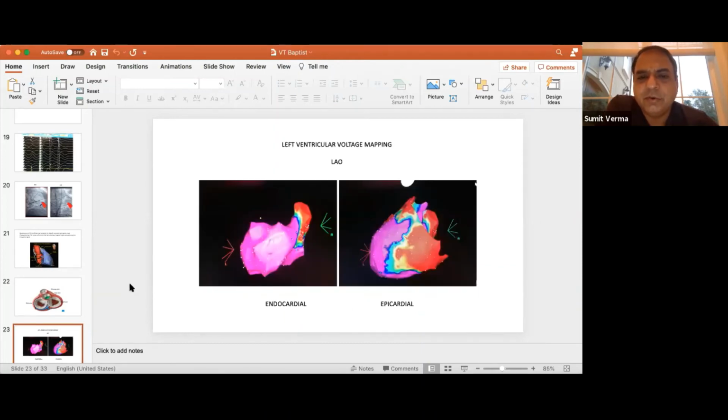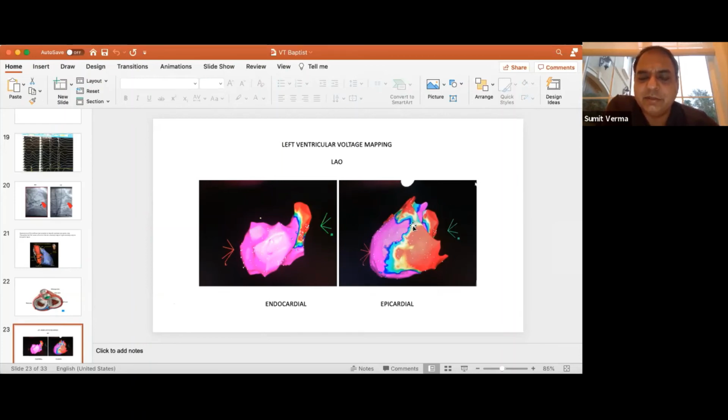So a few words about voltage mapping. So we have cases where we can have a perfectly normal endocardial map. There's no voltage disturbance at all. The ventricle even looks normal size. But if you look at the epicardial map, there's a huge scar on the lateral wall. And these are patients typically with non-ischemic cardiomyopathy.